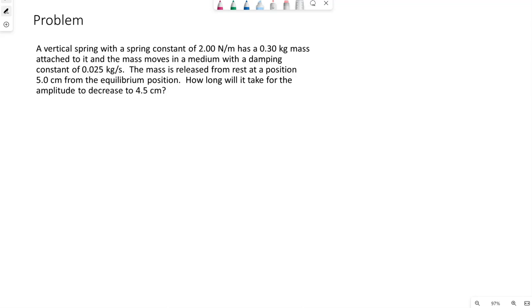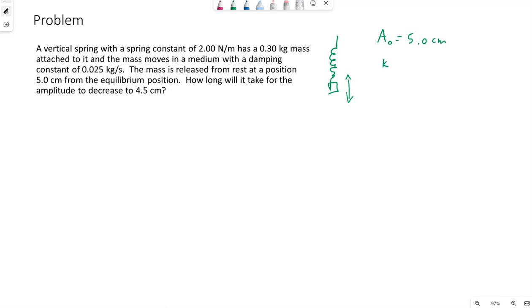All right, so vertical spring, oh, that's not a very nice picture. It's oscillating up and down. The mass is released from rest at a position of 5 centimeters from equilibrium. So that's our A naught, that's the initial amplitude.